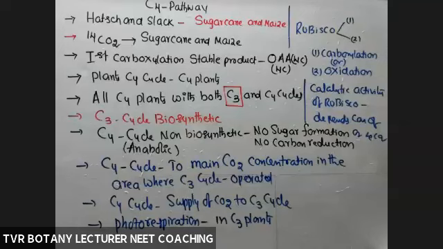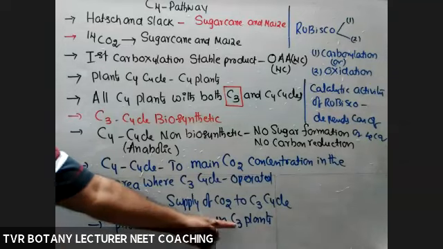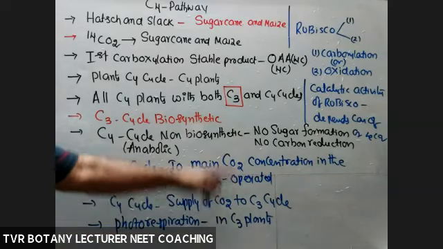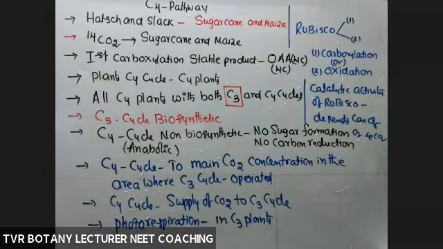According to evolution, C3 plants evolved first. C3 plants suffer from photorespiration, which is a wasteful process in which there is no formation of sugar molecules. To prevent the C3 cycle from falling into photorespiration, the C4 cycle evolved. So what is the purpose of the C4 cycle?